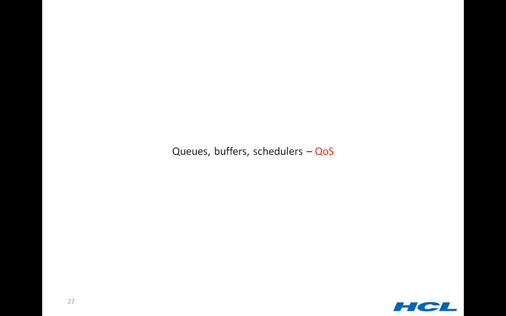And of course, buffers, which is all about memory management. Here the buffer management is slightly different from the operating system's buffer management, because in the operating system, each process requests a particular amount of memory up front, and it will be granted or denied based on availability.